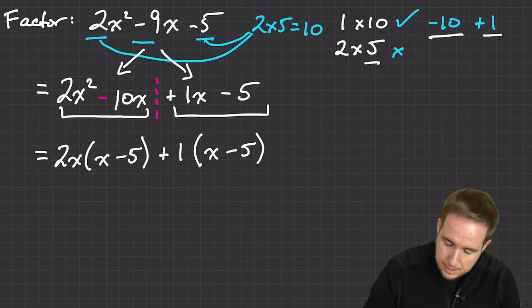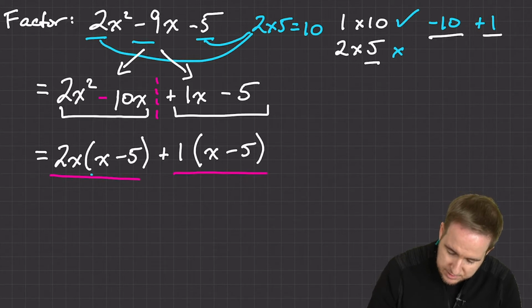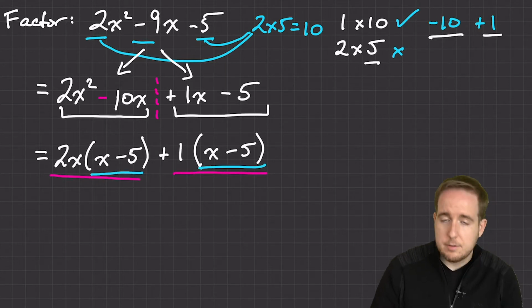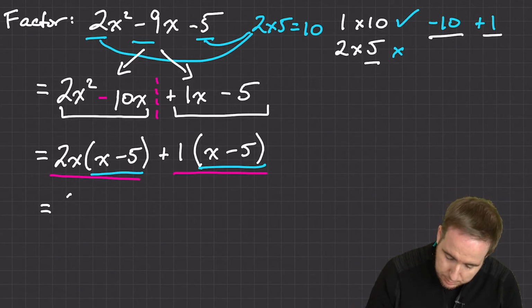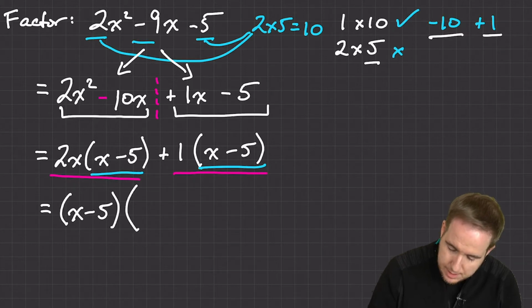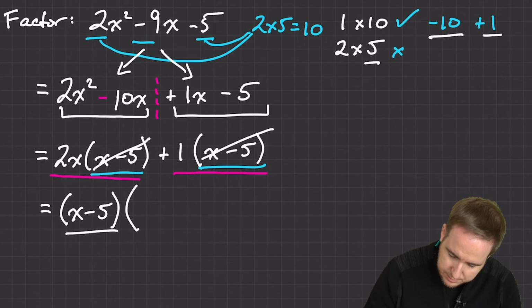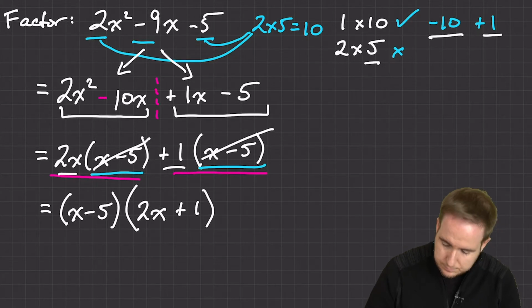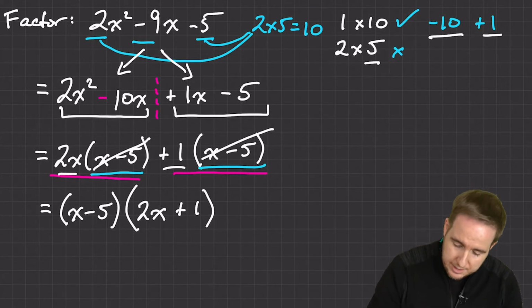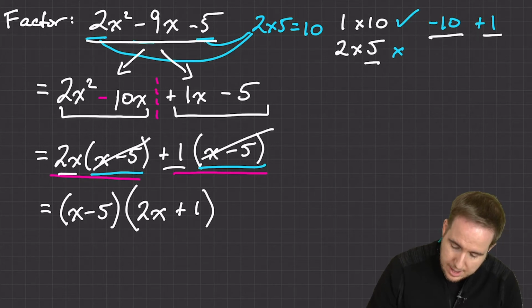But now I have two terms, and each term has the same ending, bracket x minus 5, bracket, which means I can pull that out to the front, open up a bracket, and now that this has sort of been looked after by this, I'm left with 2x and plus 1. So that is how you take this and factor it.